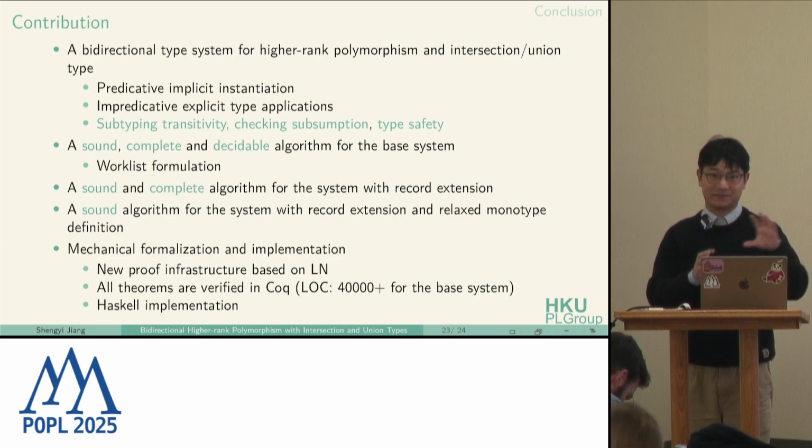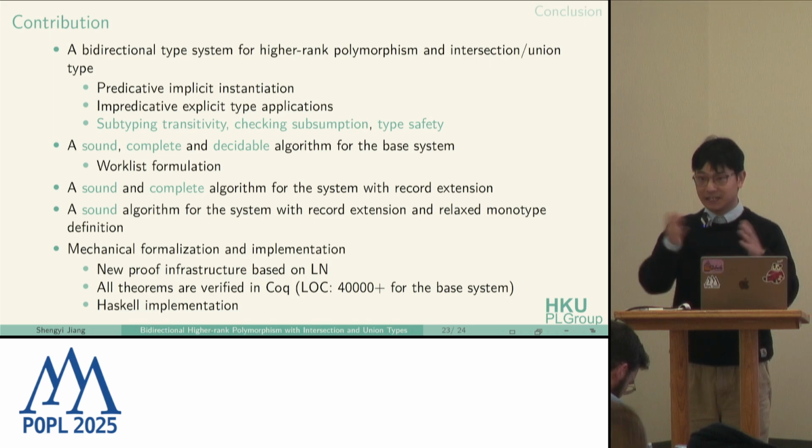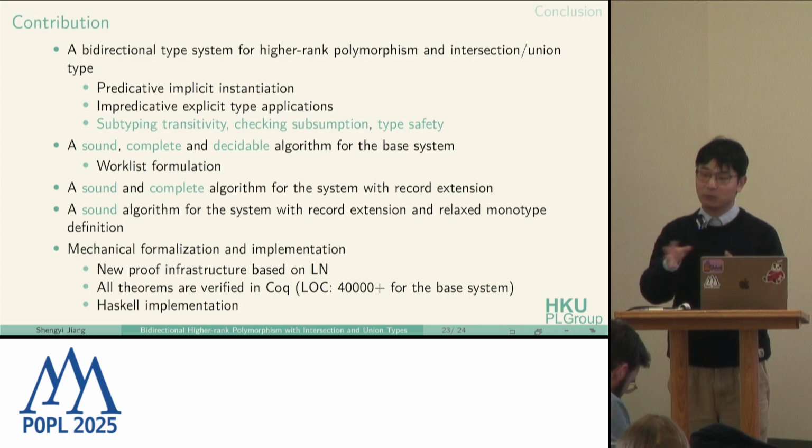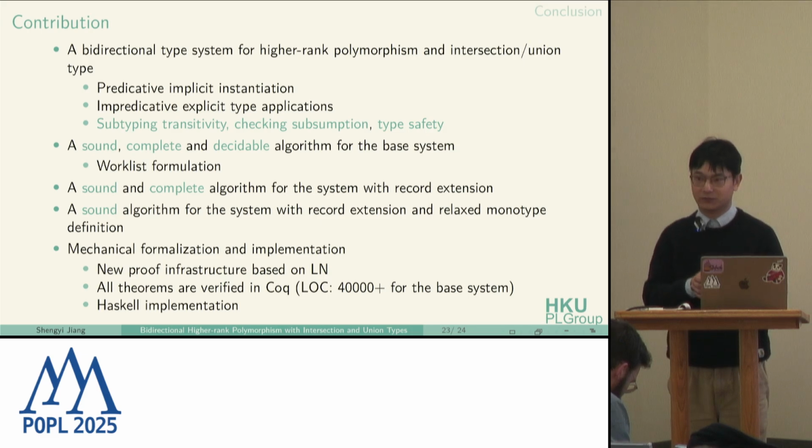And if the specification guesses one, it means our algorithm can find that. If the specification cannot find one, it means this program will not be type checked by our specification, so it should be rejected. So our algorithm will also report an error in this case.